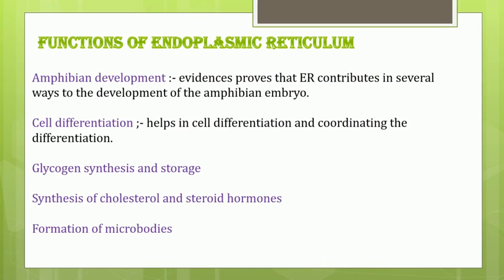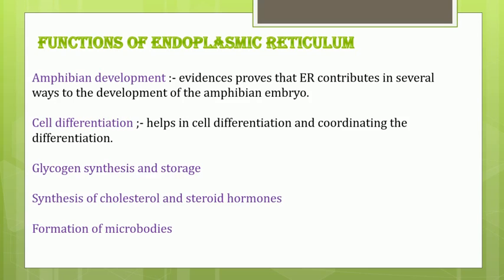There are certain evidences which suggest that the endoplasmic reticulum also contributes to the development of the amphibian embryo. So during the embryonic development, ER plays an important role. Next function is cell differentiation. ER is also responsible in the process of cell differentiation, and it coordinates the differentiation process.